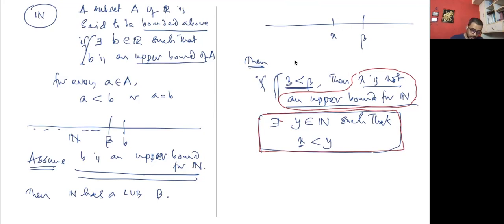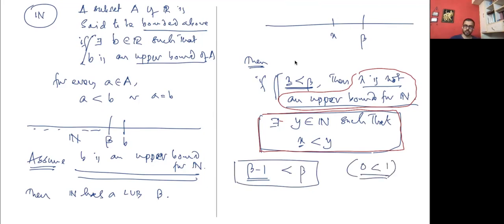Now let us look at beta minus 1. Beta minus 1 we know is less than beta. This will follow from this fact: 0 is less than 1, so minus 1 is less than 0, so beta minus 1 is less than beta, which means that there would exist a y here which comes from the set N. Now the set N is inductive.